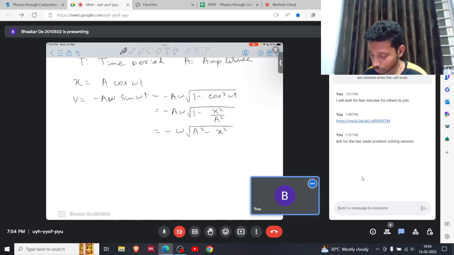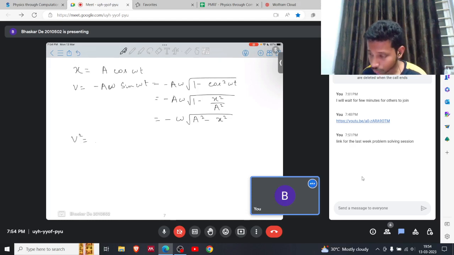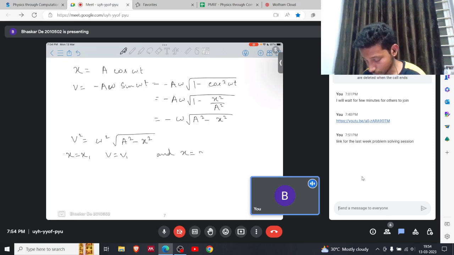So basically v equal to omega root over a square minus x square. So v square equal to omega square into a square minus x square. So we are given at x equal to x1, v equal to v1, and x equal to x2, v equal to v2.